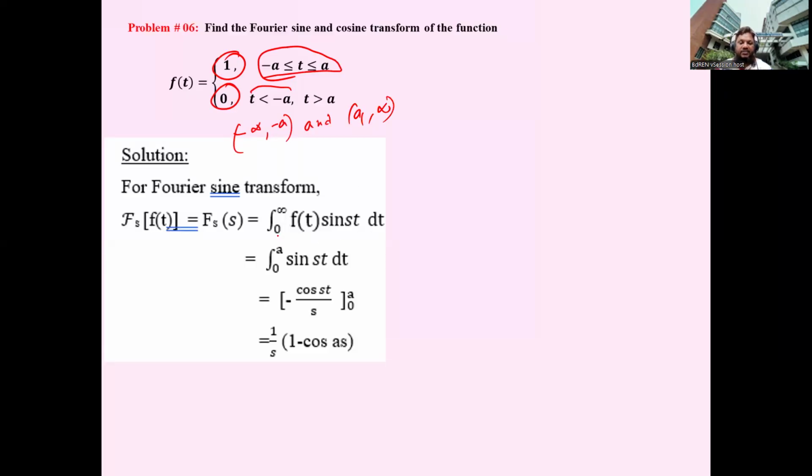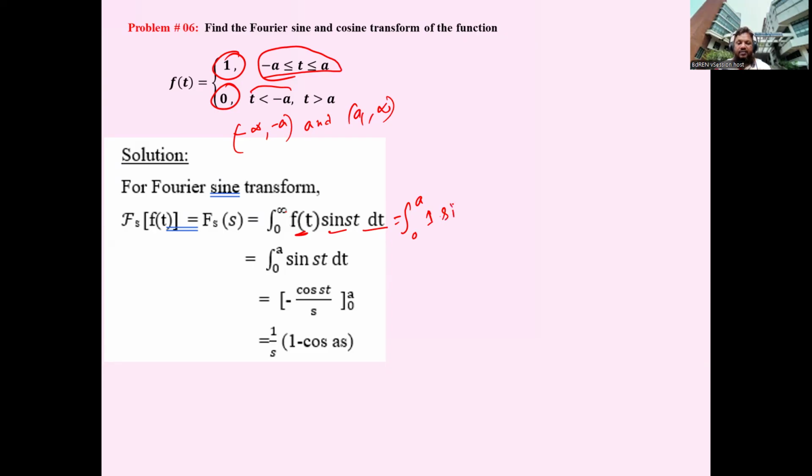So we have a definition for Fourier sine transform: 0 to infinity f(t) sine st dt. So 0 to infinity can be written as 0 to a first. f(t) is 1 here.